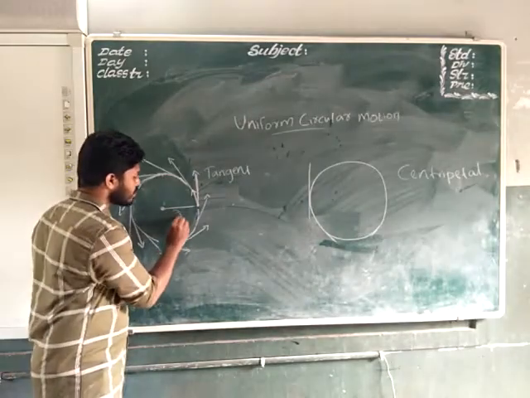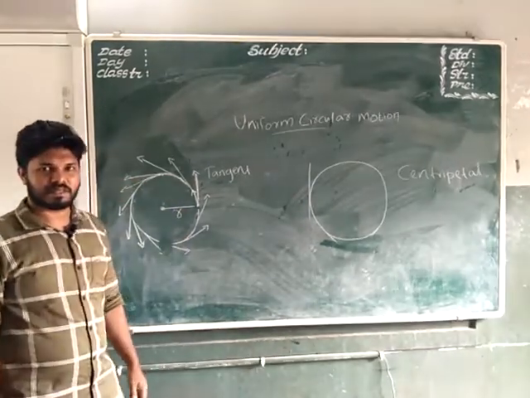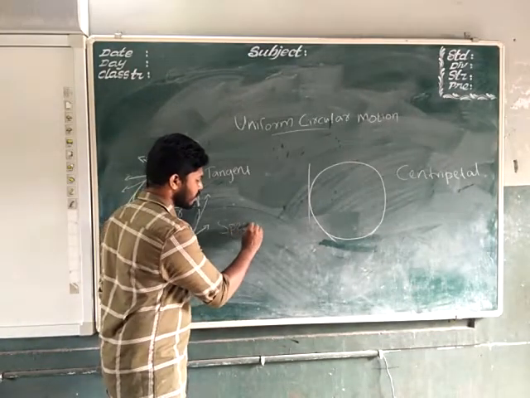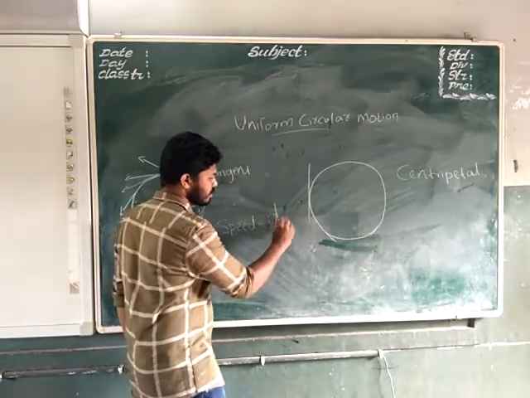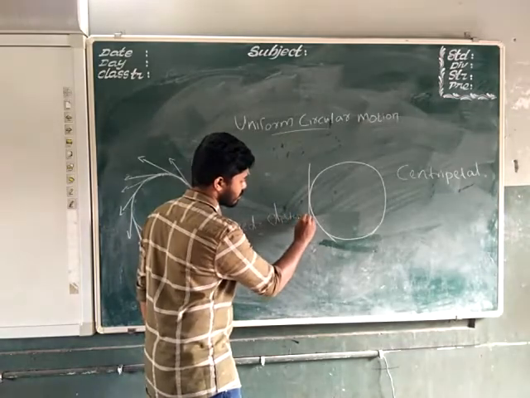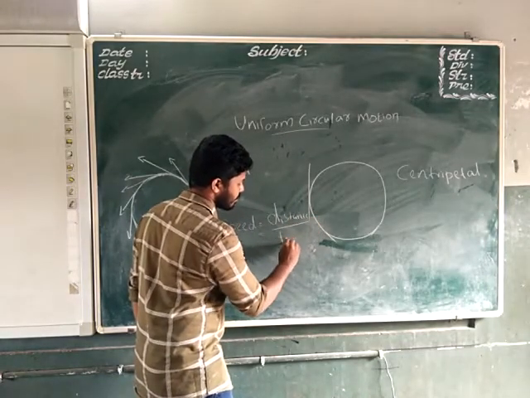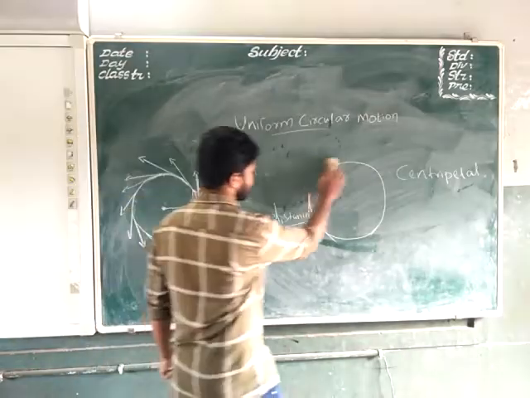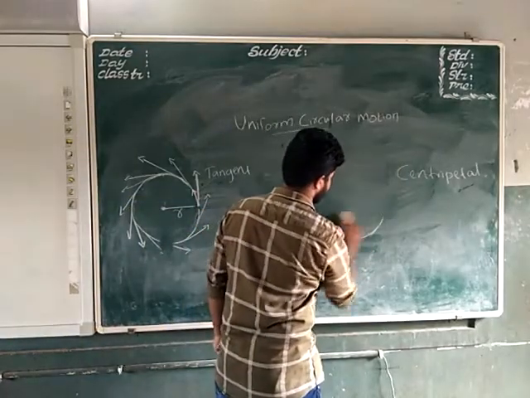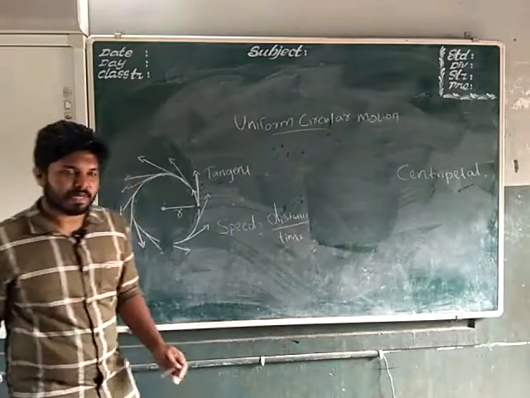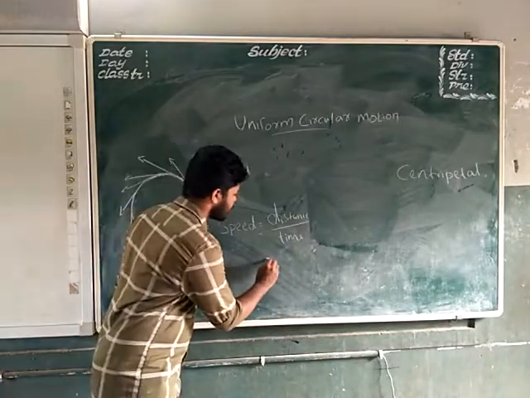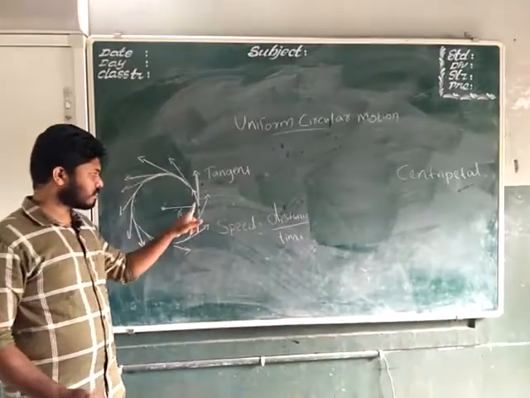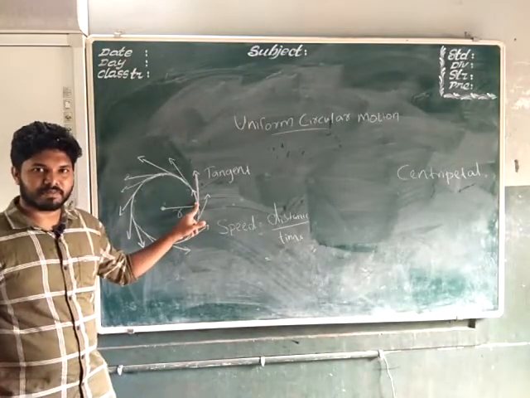See, if the radius is r, how can we find the speed? What is the equation of speed? Speed is equal to distance by time, isn't it? So if a body starts its motion from here and reaches back to here, what is the distance traveled by the body?